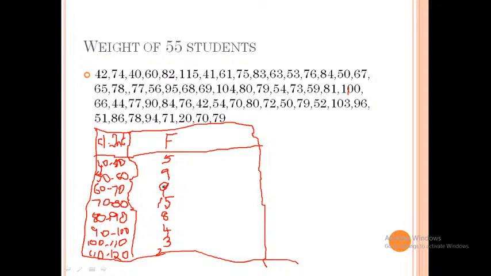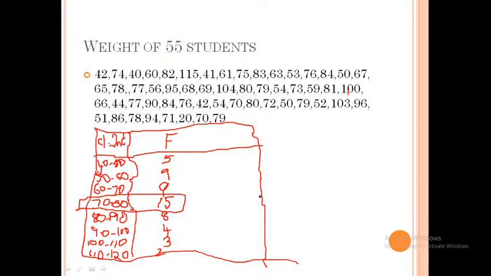Now, this frequency distribution table is over, and the first step after writing this table is to identify the mode class. Mode class is the class which has the maximum frequency, and here the maximum frequency is 15.